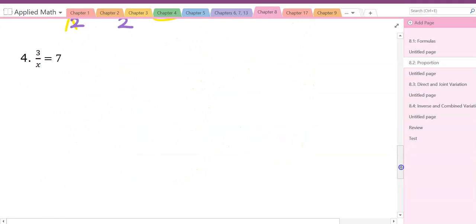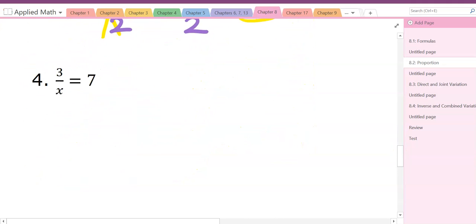Now for the fourth one, you've got 3 over x equals 7. 7 isn't written as a fraction right now, but how could you write 7 as a fraction? 7 over 1. So I'm going to put 3 over x and set that equal to 7 over 1. That way, when I do my cross multiplication, I can see the numbers that are going to connect. So I have 3 times 1, which is 3.